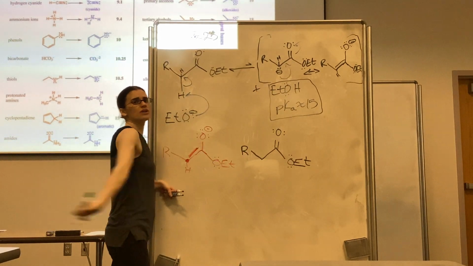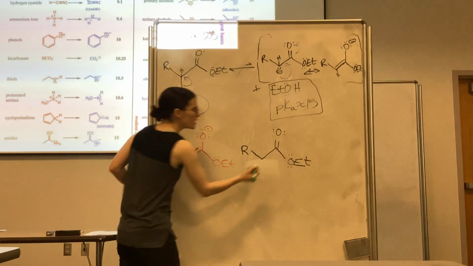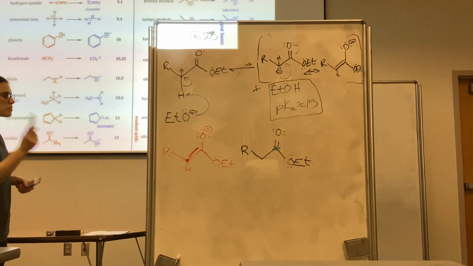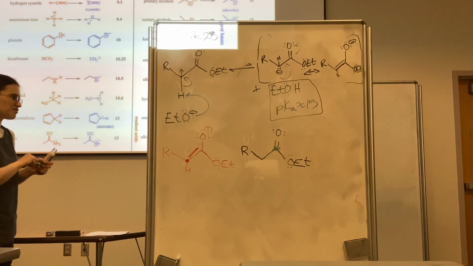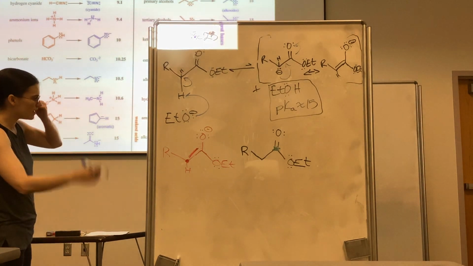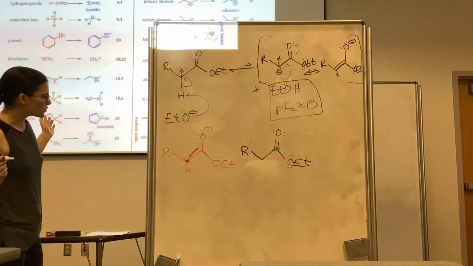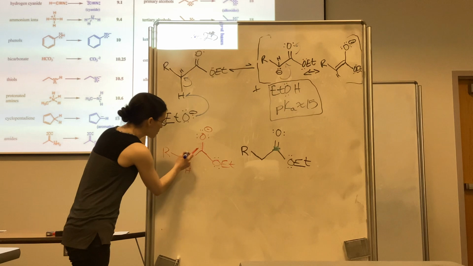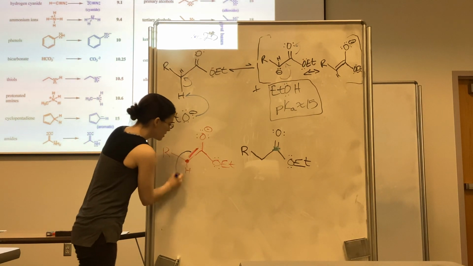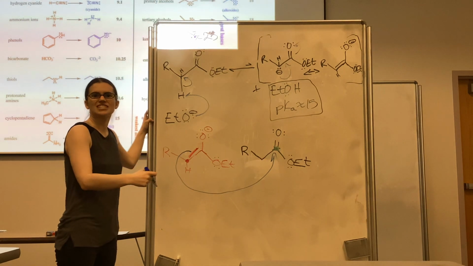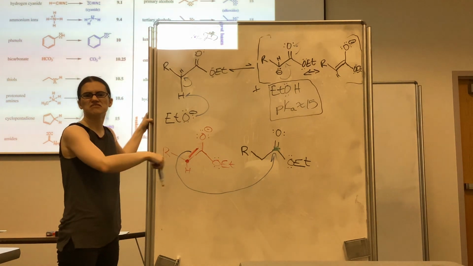Over here, we don't have any of that enolate stuff going on, so we can just do our normal carbonyl-carbon-is-our-electrophile thing. So we are going to do a nucleophilic attack. And this is only catalyzed by base, so we don't have to worry about anything else. If it were catalyzed by acid, we would do our nucleophilic attack first, and then do a correction afterwards.